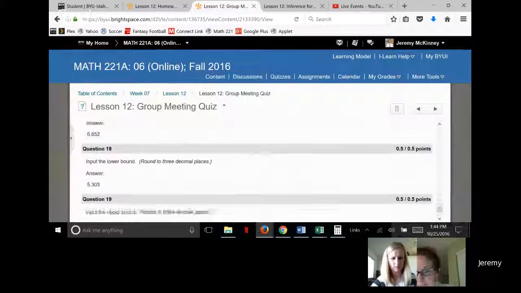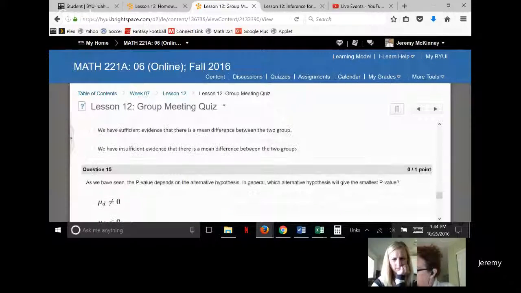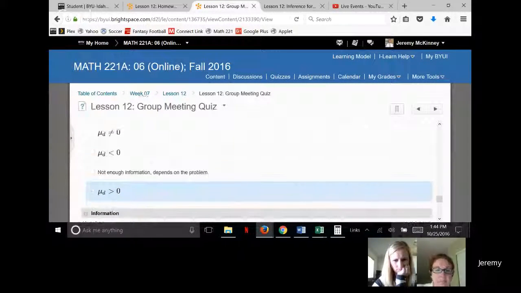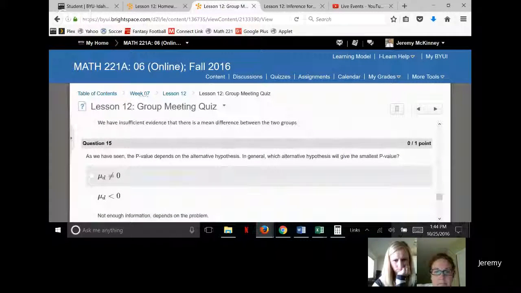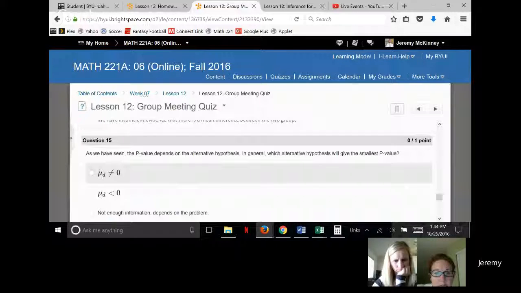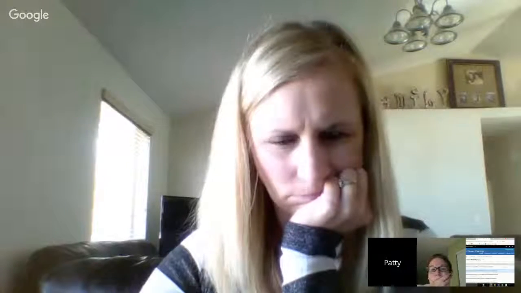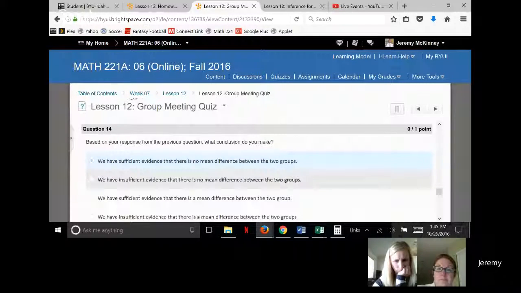And we got 3 wrong. Which ones did we get wrong? Okay, so it says which alternative hypothesis will give the smallest p-value. It's number 15. And number 14 we got wrong.